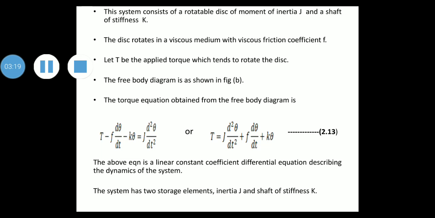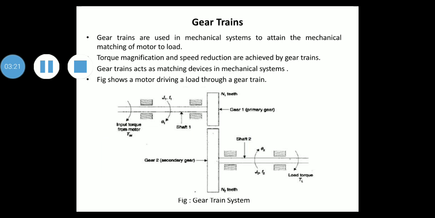Next we'll see gear trains. In control systems we use gear trains to attain the mechanical matching of motor to load.